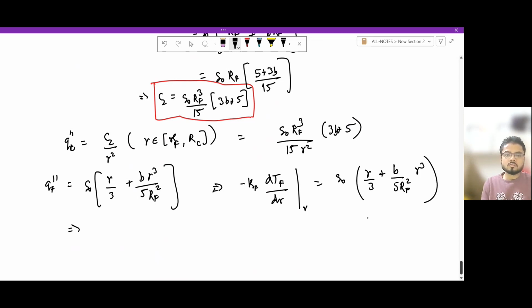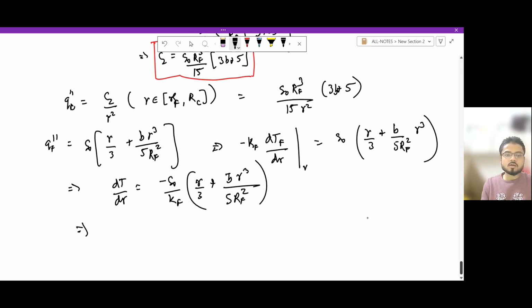Solving it further, you could always get something like dTF over dr would be equal to minus S naught over KF times R by 3 plus BR cubed over 5 RF squared. And this is dTF, of course, and integrate both sides with respect to R once more.